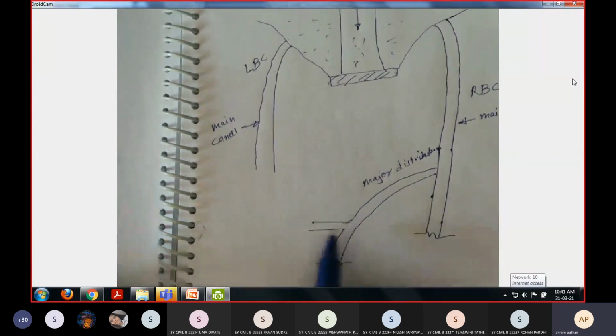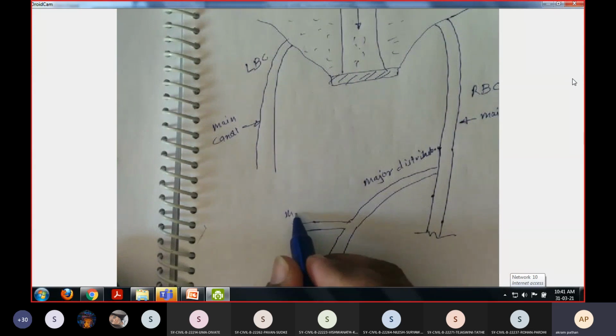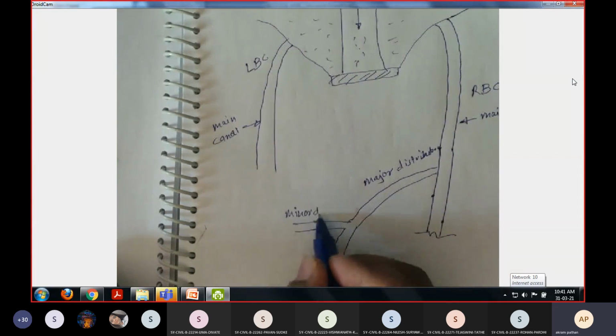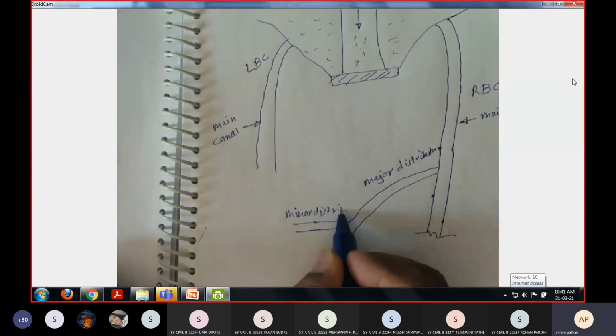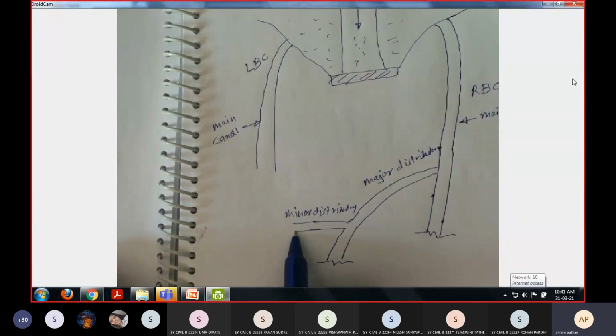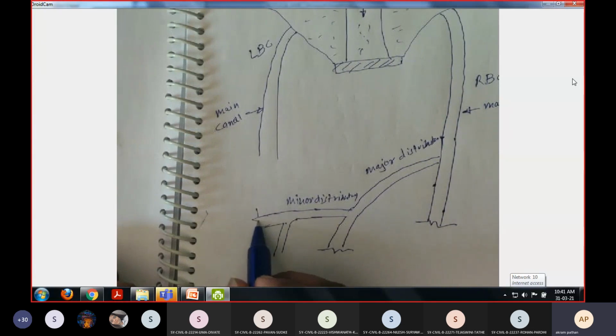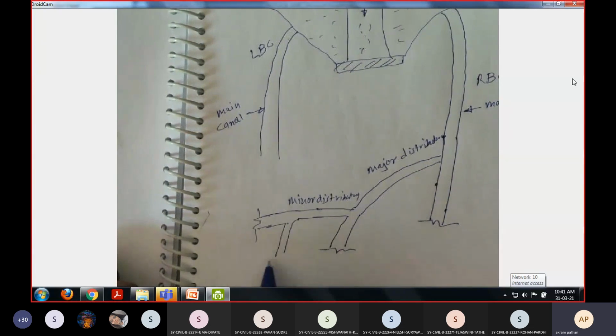Now here we have another connection at this junction, that is the minor distributary. And from this minor distributary we supply the water. The minor distributary goes to another area.